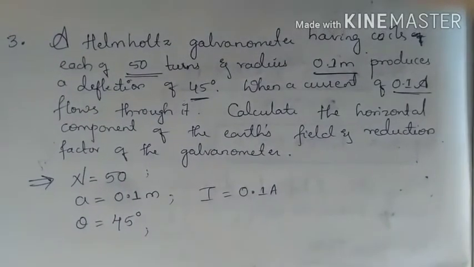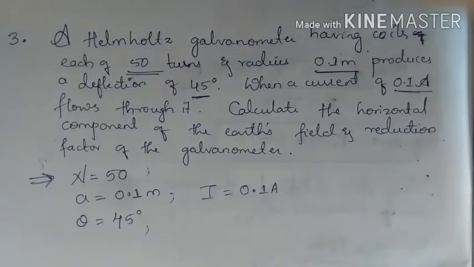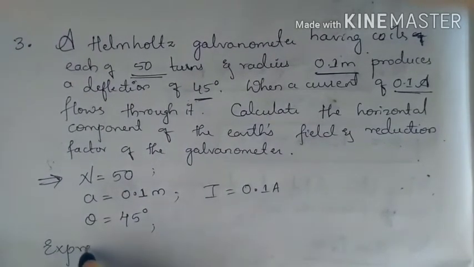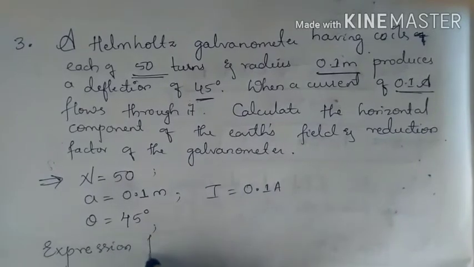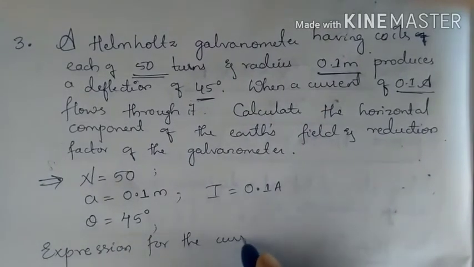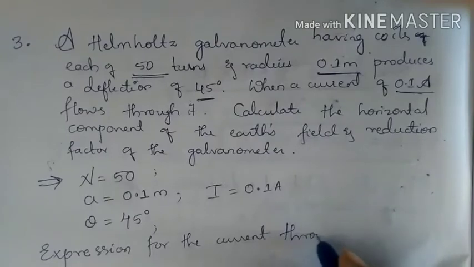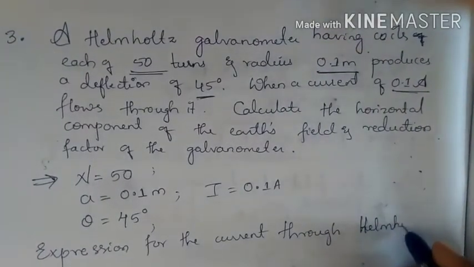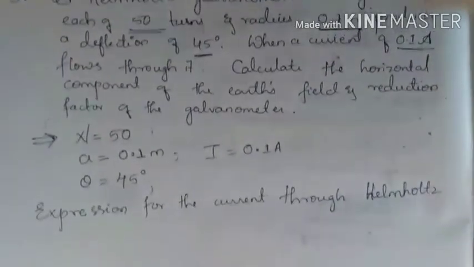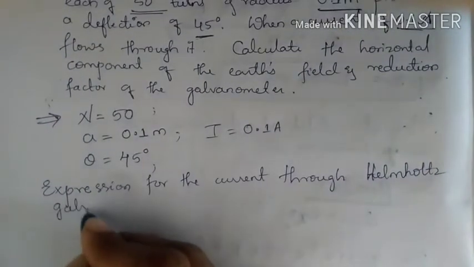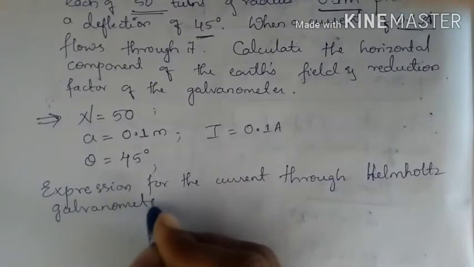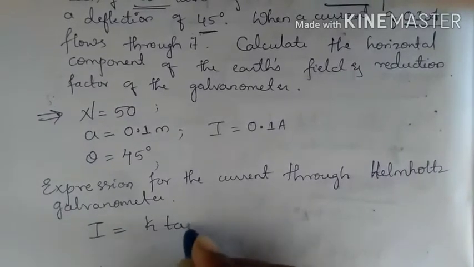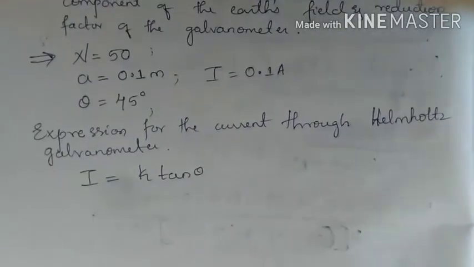So first what we have to do is find the expression for the current through the Helmholtz galvanometer, which can be given as what? I equals K tan θ. So the expression for K is what?